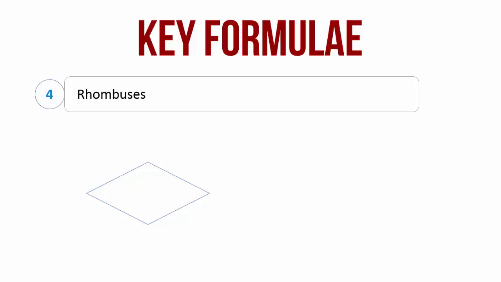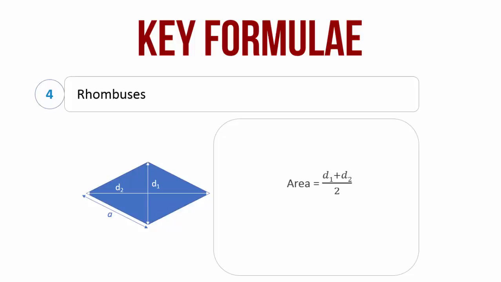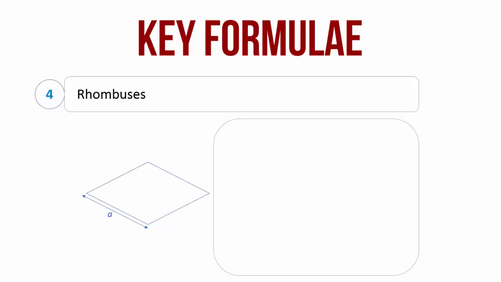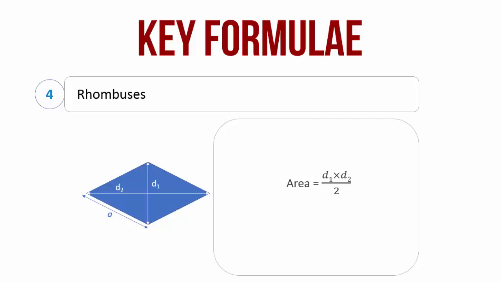Let us say that one side of this rhombus has the length A. The area of this rhombus is given by d1 into d2 by 2, where d1 and d2 are the lengths of the diagonals. The perimeter of this rhombus is 4 times the length of one side because all the sides are equal, so hence perimeter is equal to 4 times A.